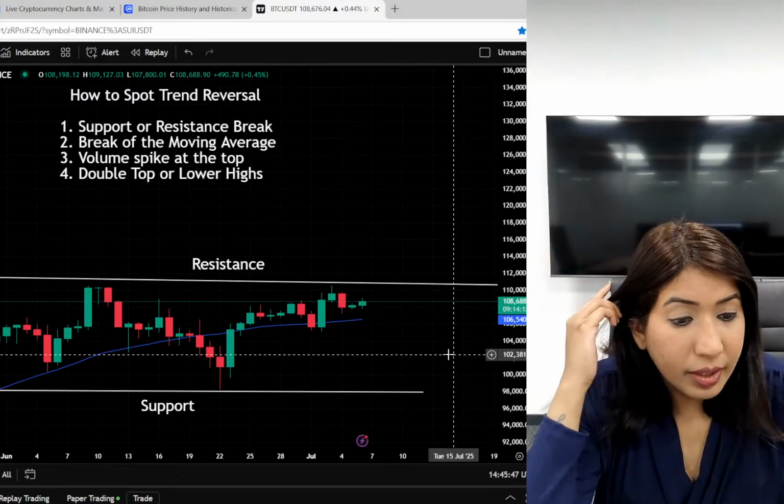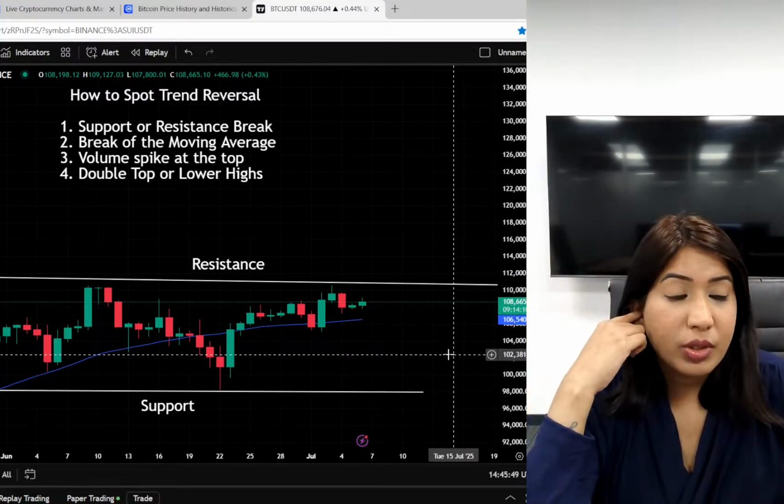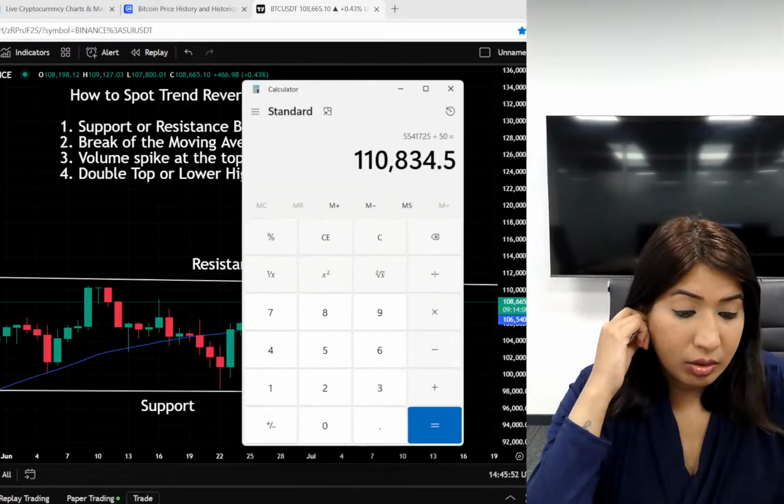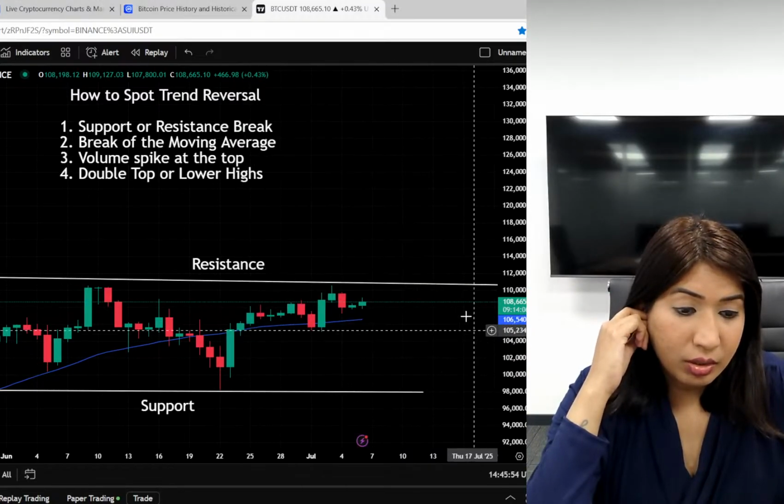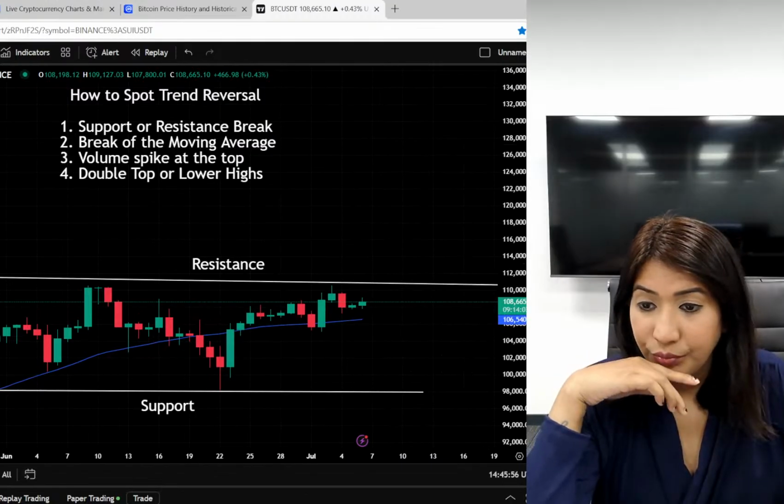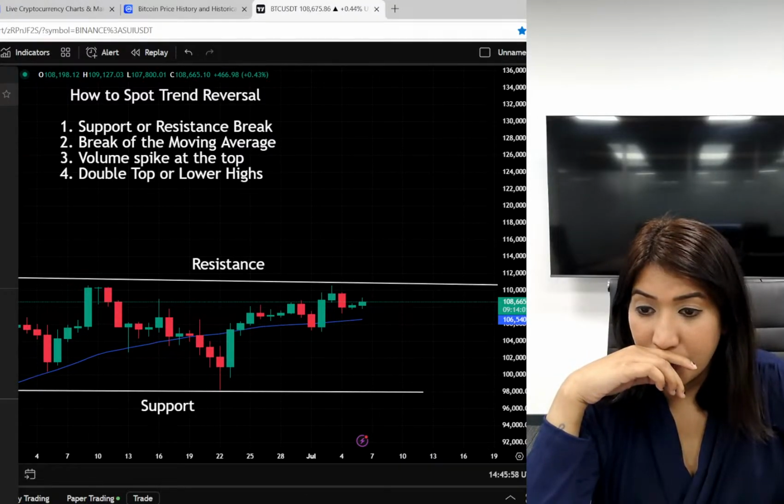So 110,834 is our resistance level, which is the 50-day moving average.